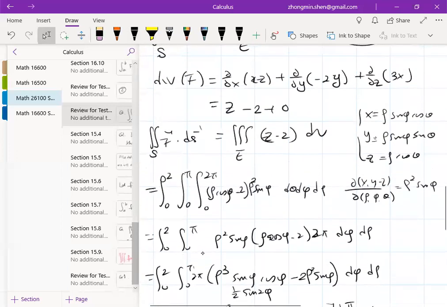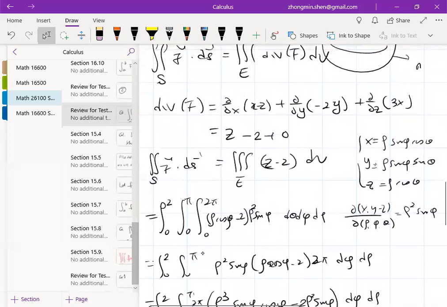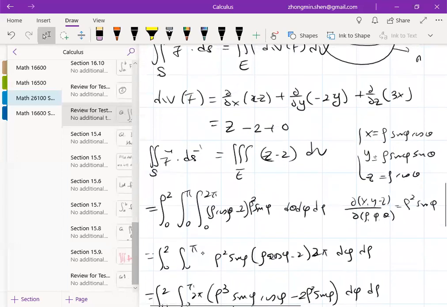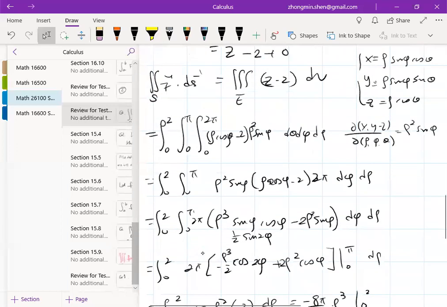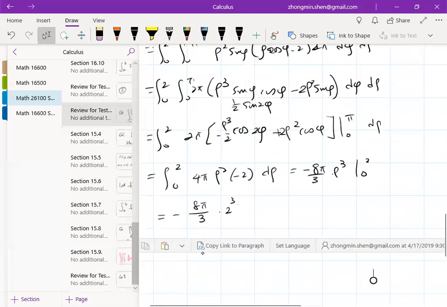When you look at this picture, z minus 2: the function itself is always negative, because z is between negative 2 and positive 2. It's a ball with radius 2.